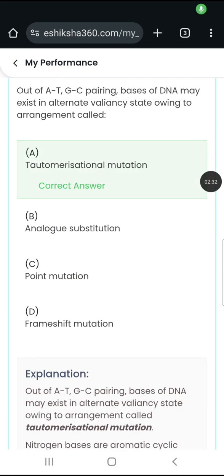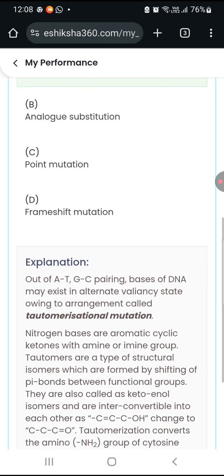Out of the GC pairing, bases of DNA may exist in an alternate valency state owing to rearrangement called tautomerization mutation.